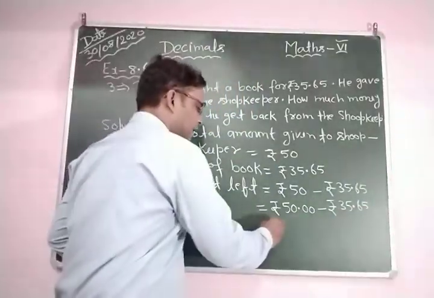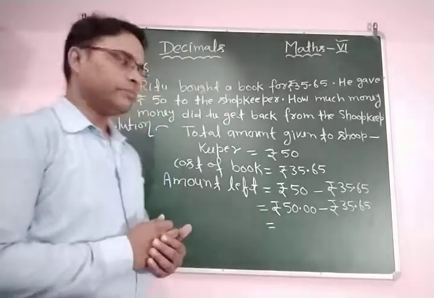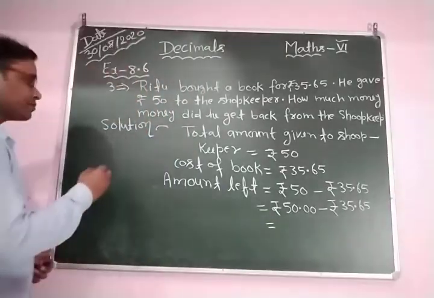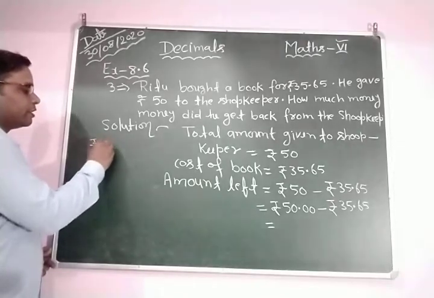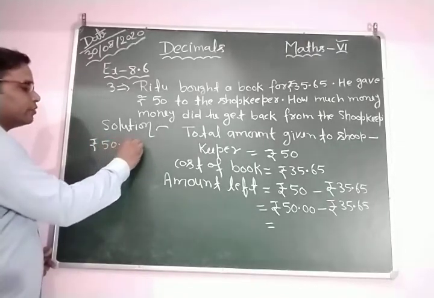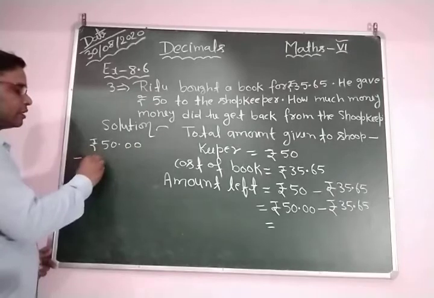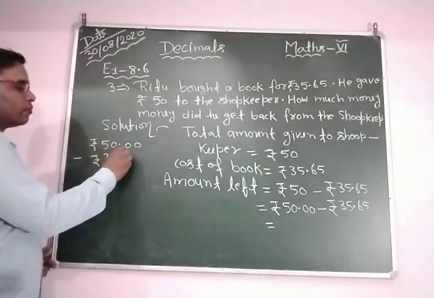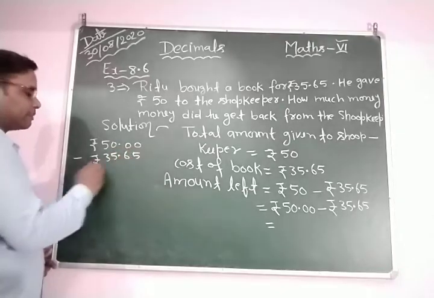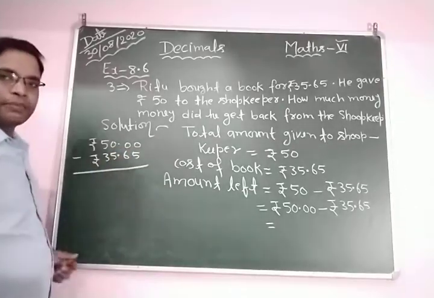We subtract it using the column method. So here you can write rupees 50.00 minus rupees 35.65 and subtract them.